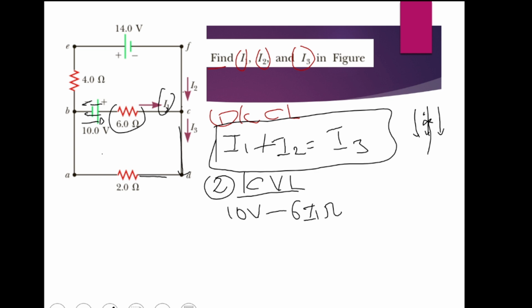I3 comes here, and I3 passes through this one. So conventional current is still in this direction. So the electric field is in this direction, and the direction of our loop also indicates the same way. So it's also moving across the electric field. The electric field is in that direction because this is the positive terminal and this is the negative terminal.